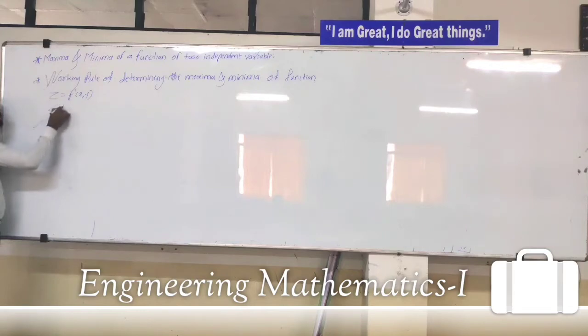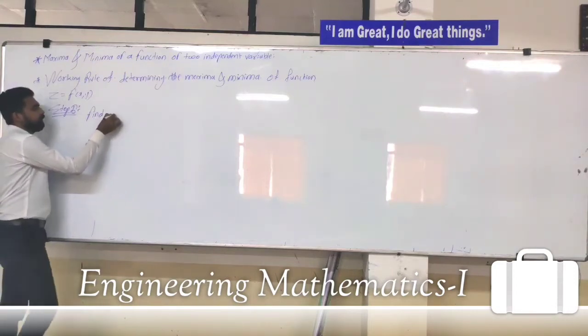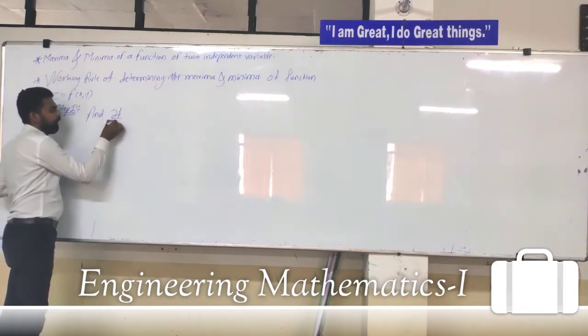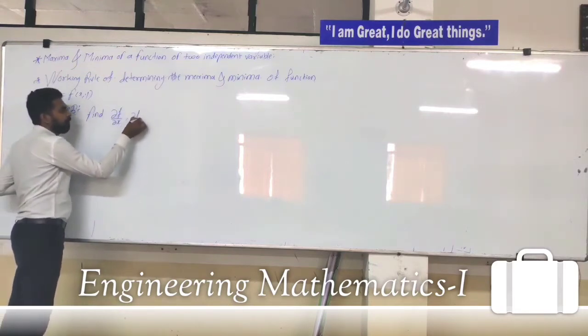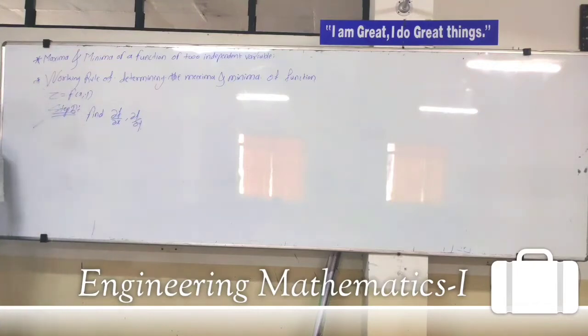Step number first: find del f by del x, del f by del y, that is the first order partial derivatives.